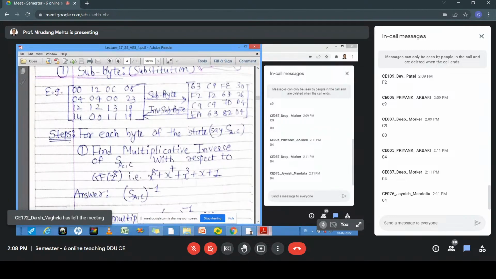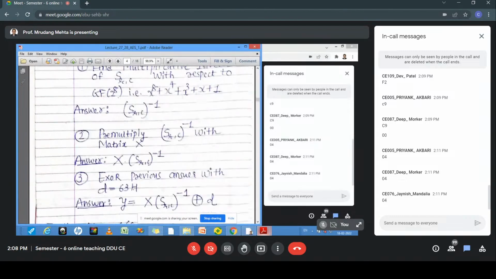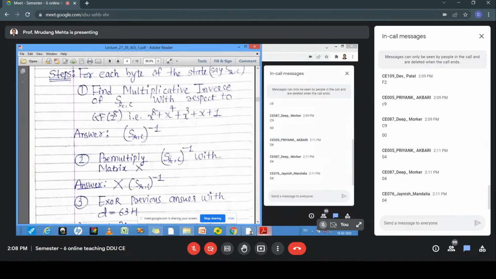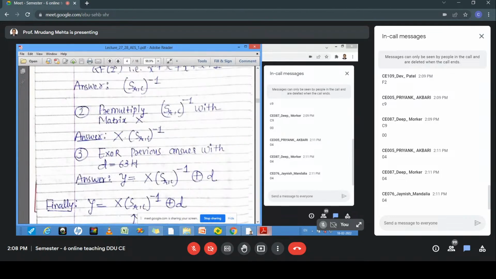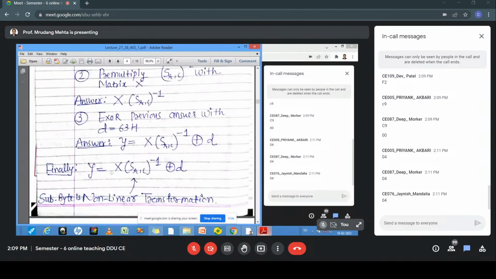So for each byte of state, first we find the multiplicative inverse with respect to the Galois field 2 raised to 8, then pre-multiply the S RC inverse by x, and then XOR with the previous answer the constant 63H. So y equals x into S RC inverse XOR D.